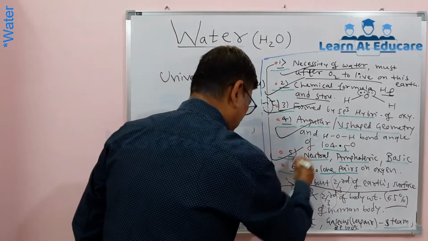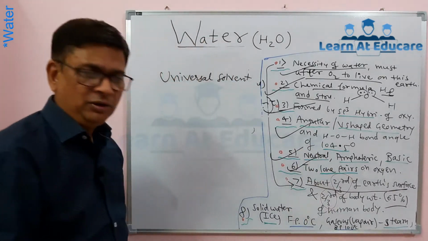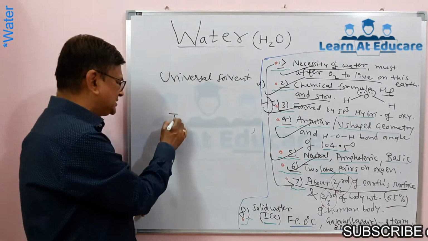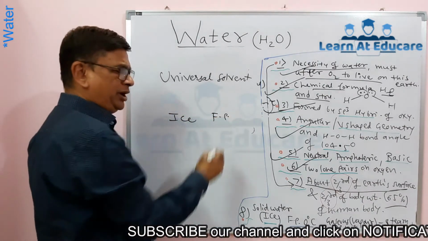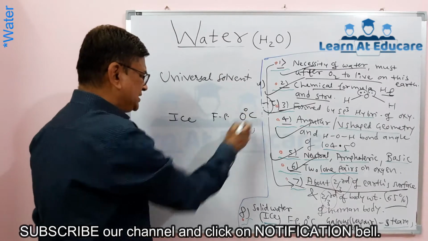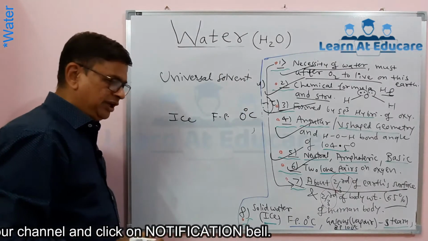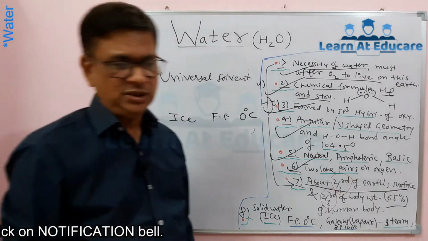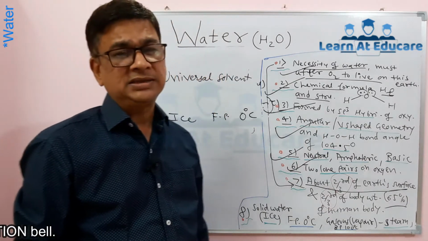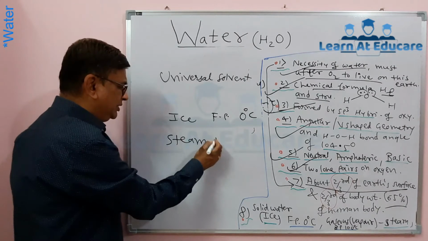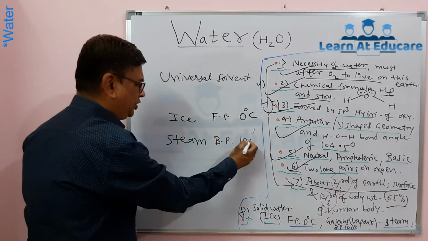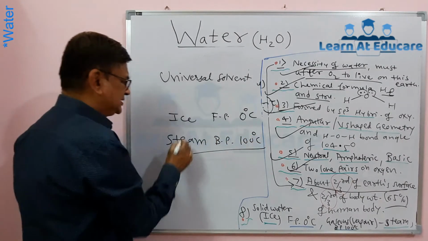Then it is about to know now the solid water that we call ice. And do you know that ice is formed at the freezing point, which is 0 degrees centigrade. Similarly, liquid water, when it boils, we get water vapors, and that water vapor we call steam. It is formed at the boiling point of 100 degrees centigrade.